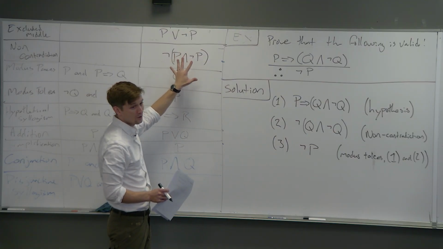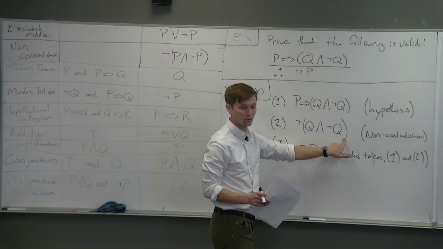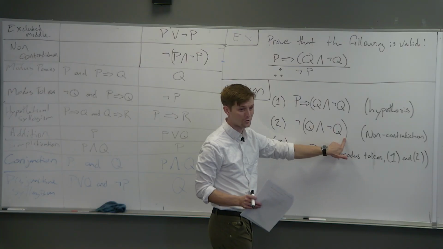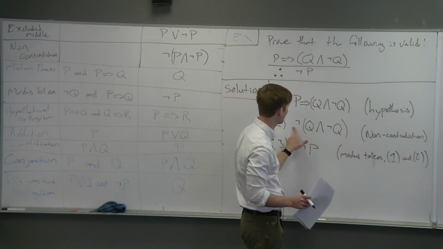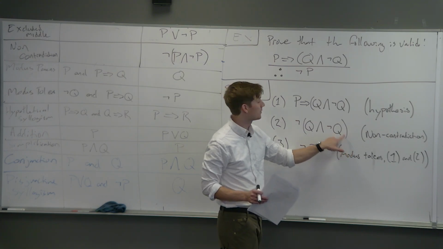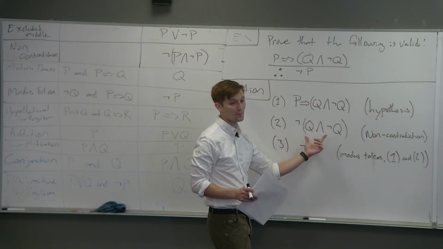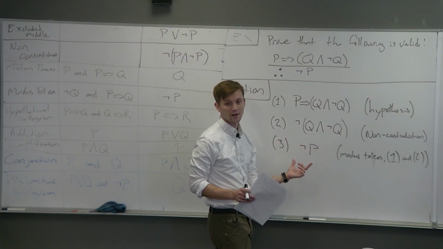So no matter what, you can always do this with any old proposition. So we say, hey, I can just do this with the proposition Q, right? Whether or not it's true or false, non-contradiction tells me not this is true. So it's not that I'm getting this piece from the first one. It's that this is derived separately via the law of non-contradiction.